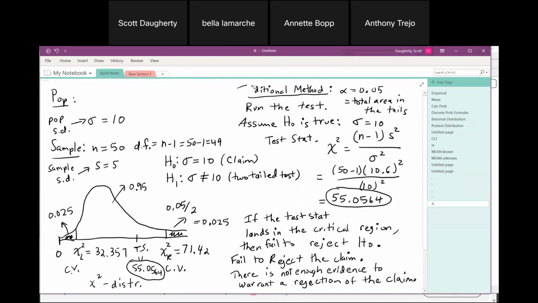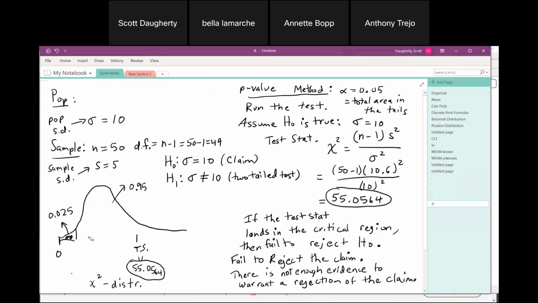Okay, so let's do the p-value method. Remember with the p-value method, you don't find the critical values, so you don't need to find these. And so you really don't even need to worry about this.